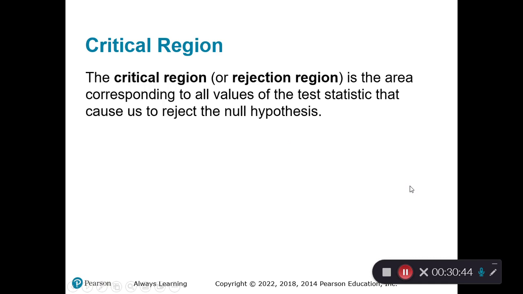So when we're performing a hypothesis test, we're kind of secretly hoping that our test statistic does fall in the critical region, because our ultimate goal is to reject the null hypothesis. Remember, the null hypothesis is the counterclaim. So if we can reject the counterclaim, that makes it look pretty good for the original claim, right? Because by rejecting the counterclaim, we have evidence in support of the original claim.